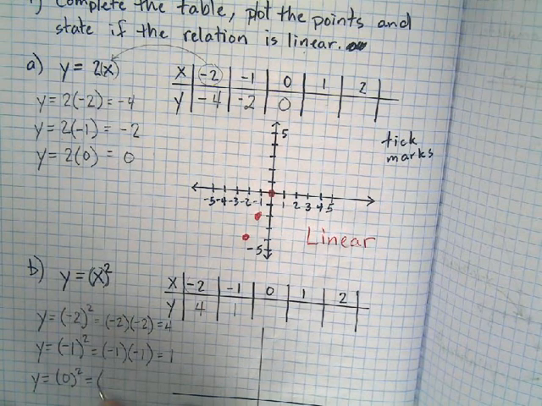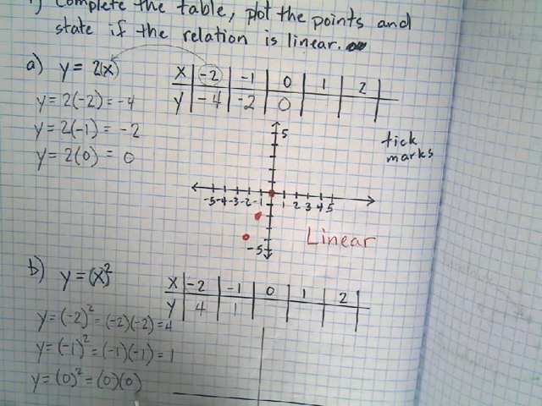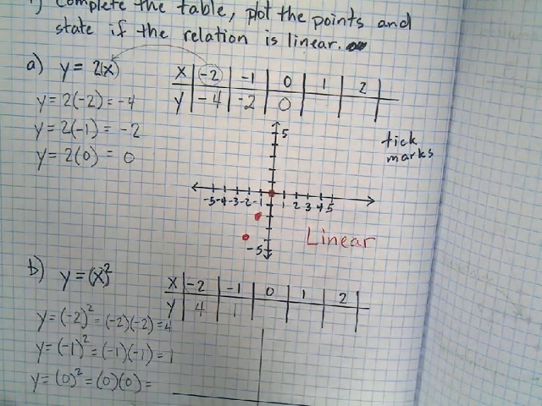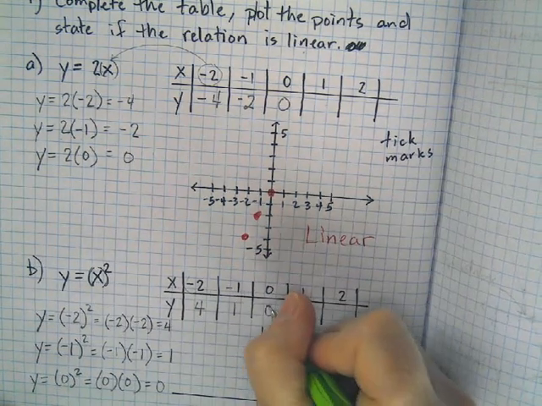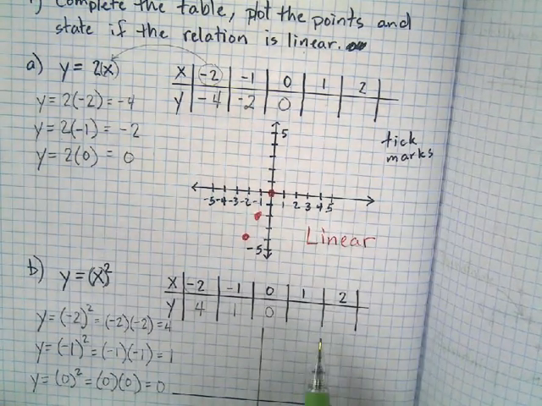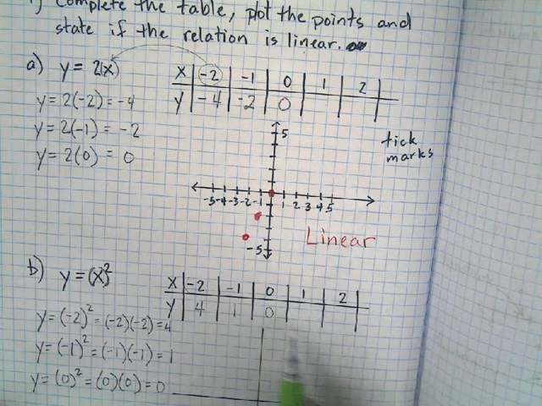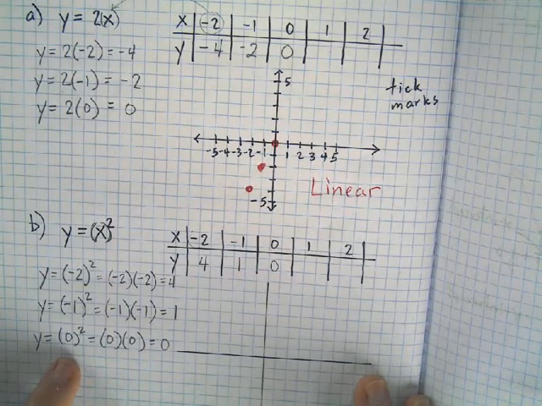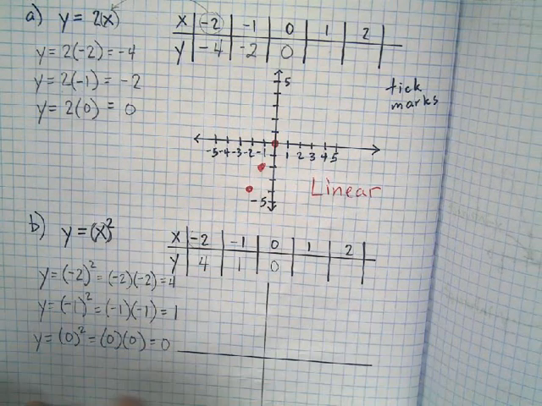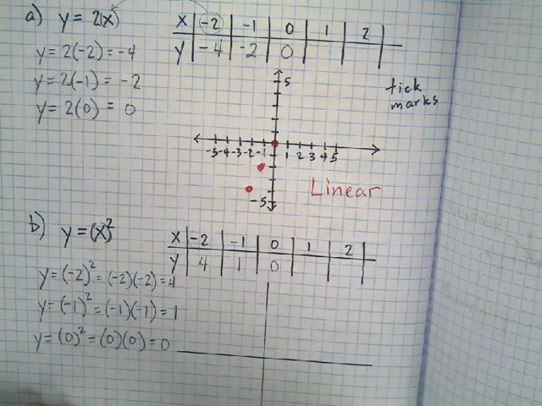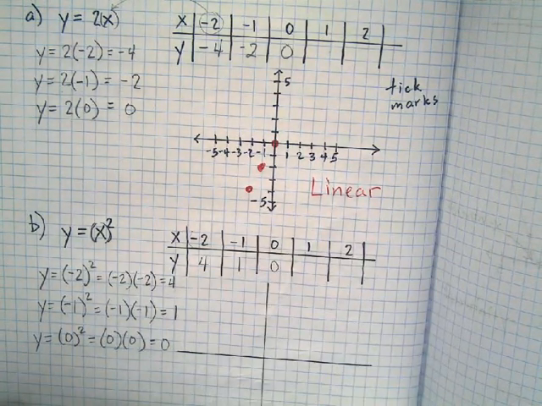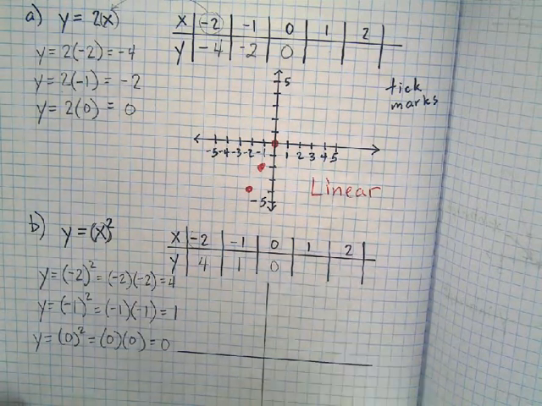So that would be 0 times 0. 0 times 0 is 0. Okay, you finish the rest of the table. Okay, usted hacerlo números, como este. Okay, escribe su trabajo aquí, pone su respuesta aquí. Okay, you finish the table. Show your work here and write your answers here.